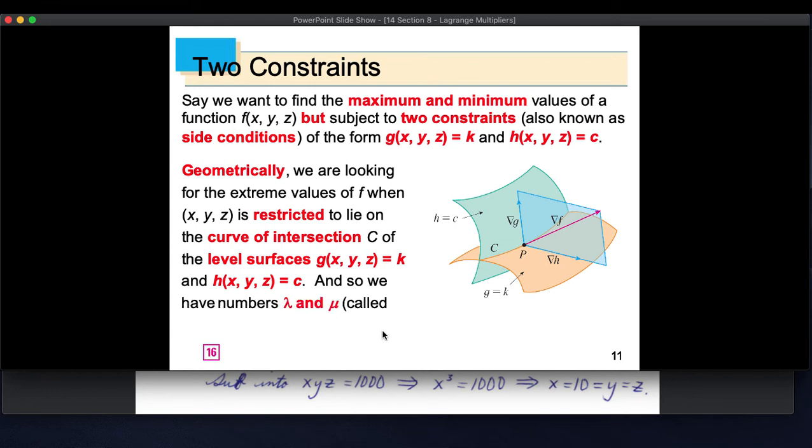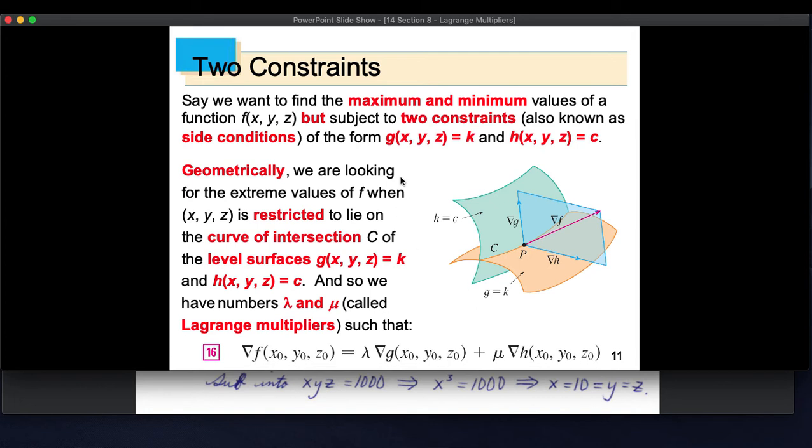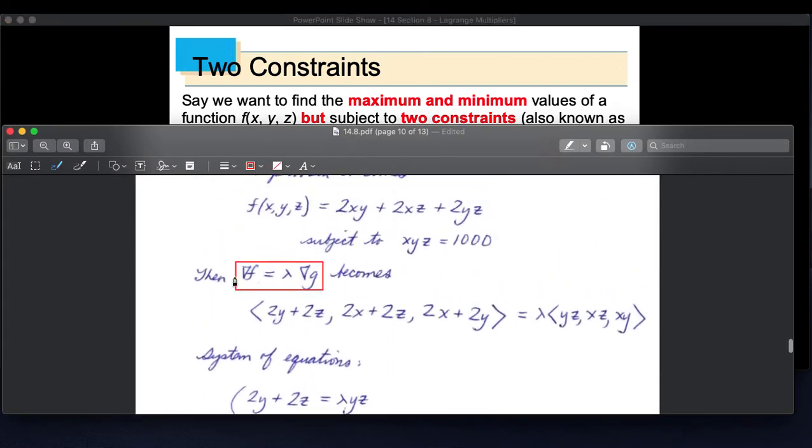So instead of just having lambda, we're going to have not just one Lagrange multiplier, we're going to have two. And it does lead us to a slightly more complicated equation. But what I want to point out is that this equation at the bottom is similar in nature to the equation we've been using this whole time.